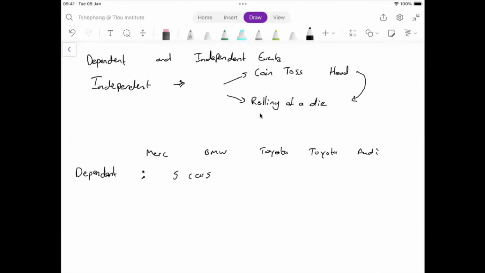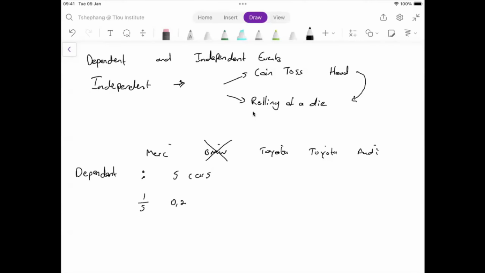Now, what would be the probability of getting a BMW? The probability of getting a BMW would be 1 out of 1, 2, 3, 4, 5. So we can say it's 1 out of 5. Now, this car is now out. The next person is told to come and pick.